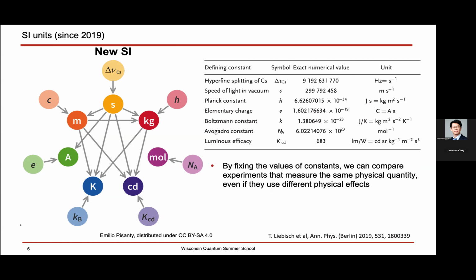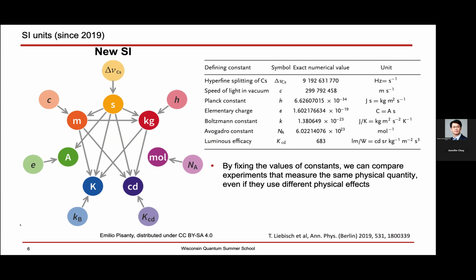As to why I started the talk with this and why this is all important: obviously, when you're communicating the scale and the property of a physical quantity, knowing what unit you use is important. But also, if you're in the business of doing measurements, in particular any type of measurements in the sciences, what's important is that if you fix the values of these constants and communicate using the same units, you have a great way of comparing experiments, even if they are very different in physical nature.